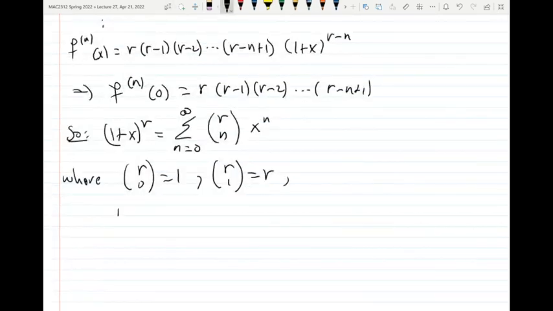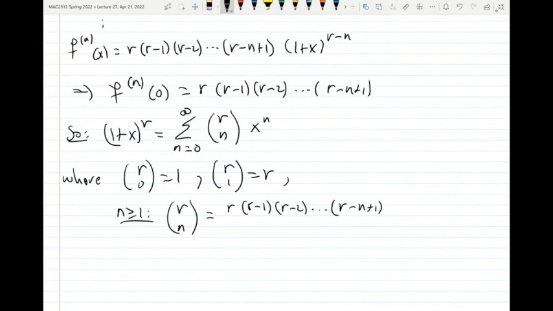And otherwise, for n greater than or equal to 2, we define this as r times r minus 1. It actually works for n greater than or equal to 1. I'll show you. Basically, this is telling you when to stop, okay? So when you have your n, let's say that you have n equals 1, right? So if n is equal to 1, you just plug it into here. When n is 1, this cancels, and then you get r. So you stop exactly here.